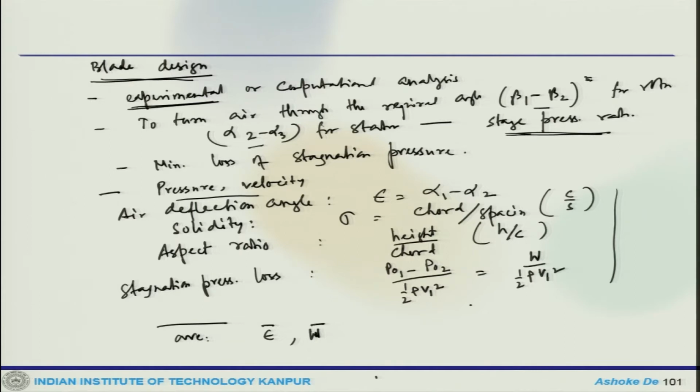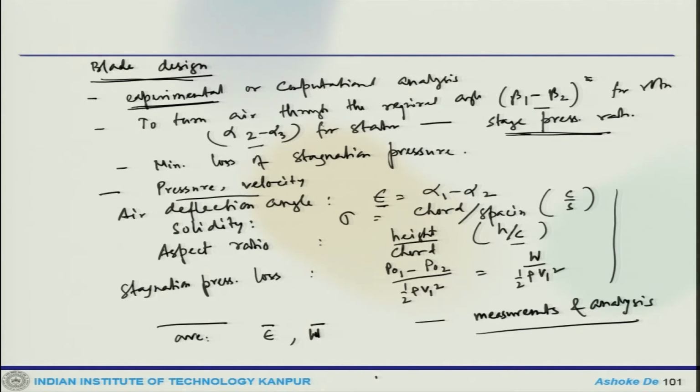Okay. So, these are basically what one can say, that detailed measurements and analysis would allow the proper blade design, because there could be some correlation between this deflection angle with this chord by spacing C by S ratio, and all this would play an important role in getting those data.